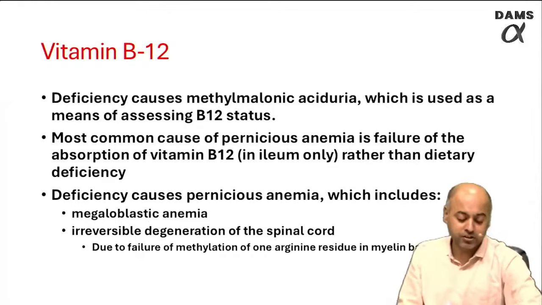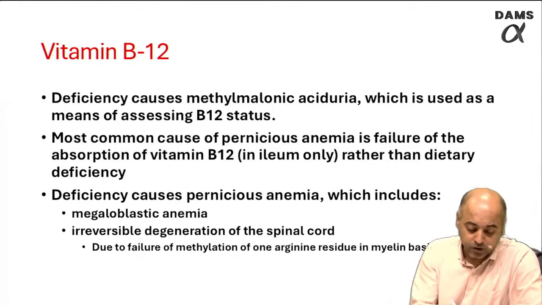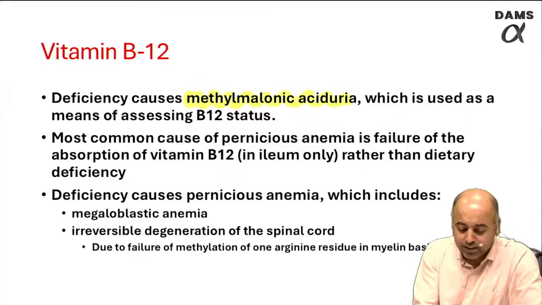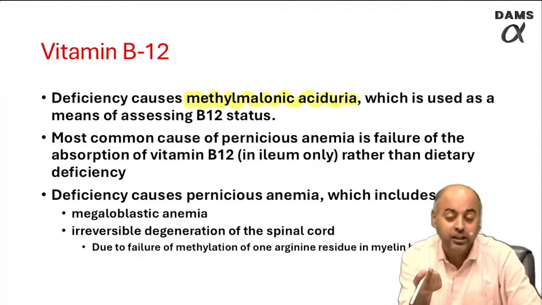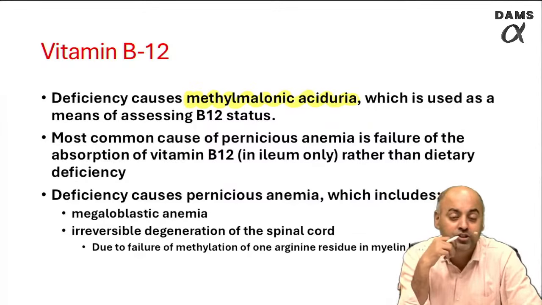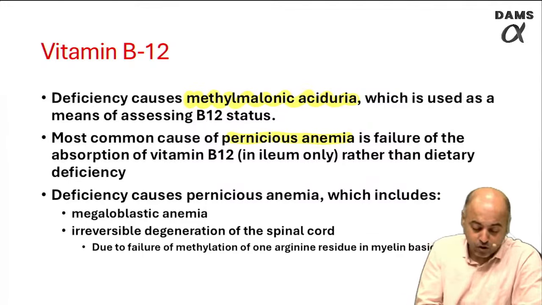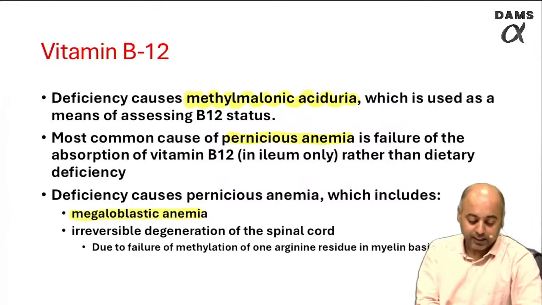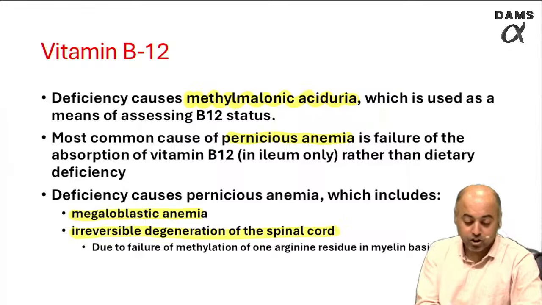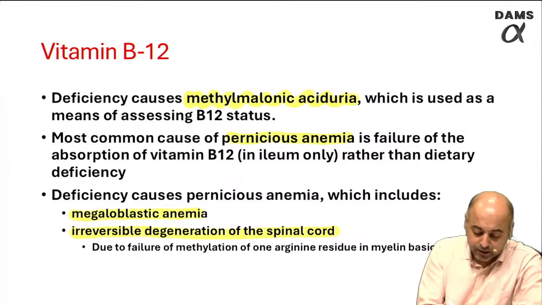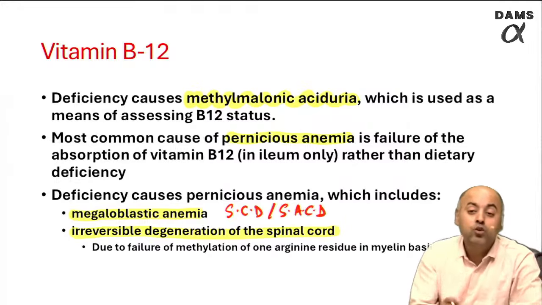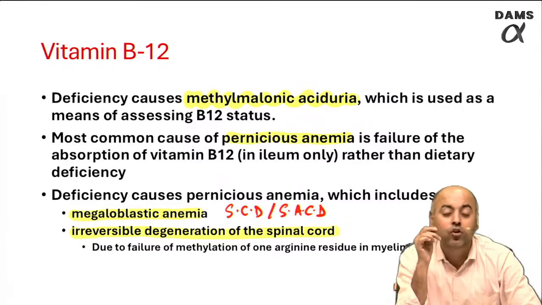In B12 deficiency, the common feature is methylmalonic aciduria, which is commonly given in the question when you're talking about the B12 deficiency. The pernicious anemia is seen, which has two components. One is the megaloblastic anemia due to the folate trap, and second is the irreversible degeneration of the spinal cord, commonly written as the SCD or SACD, the subacute combined degeneration of the cord.